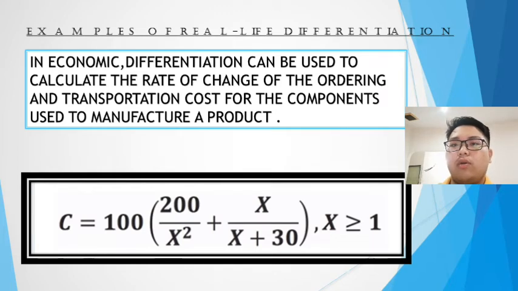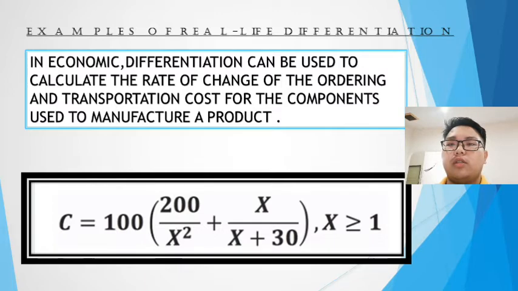As we know, we can use differentiation in our real life too. For example, in economics, differentiation can be used to calculate the rate of change of the ordering and transportation costs for the components used to manufacture a product, in which the cost depends on the order size.